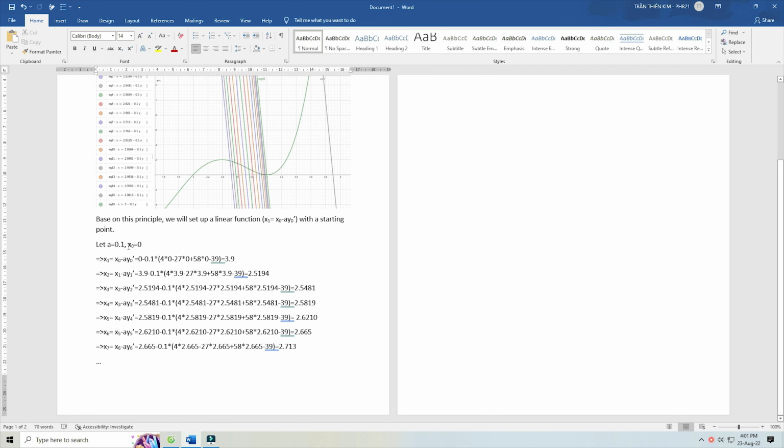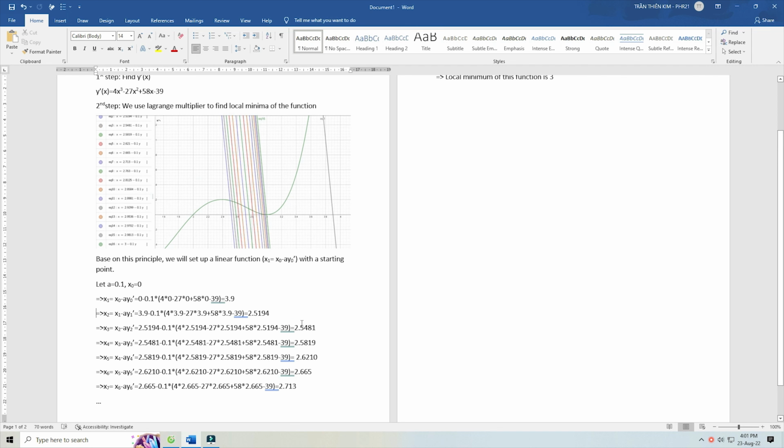And when I replace a and x0 in the equation, I can calculate x1, and I continue doing it for x2, x3, and x4. After doing a lot of iterations, I see that the result is approaching 3.